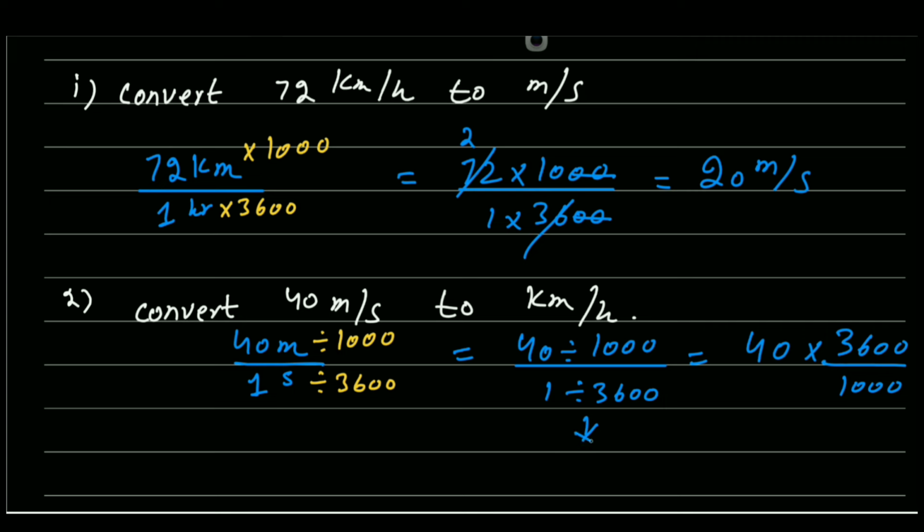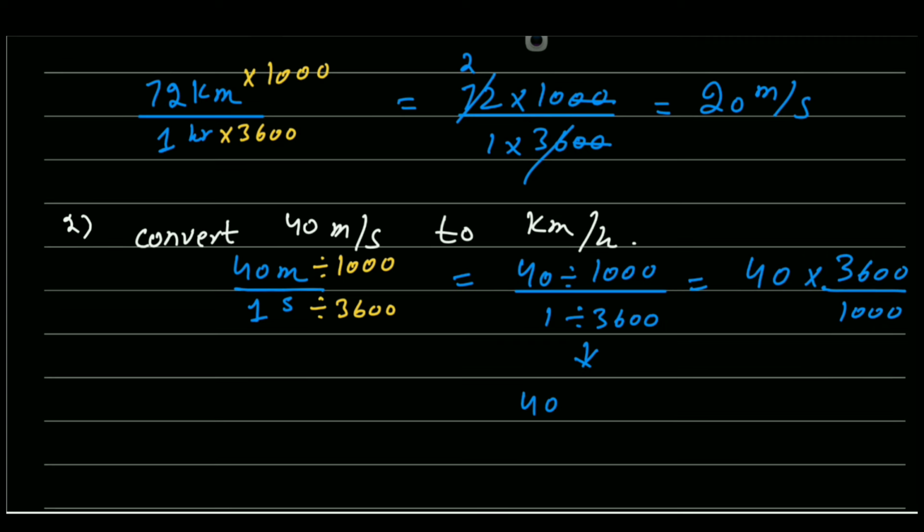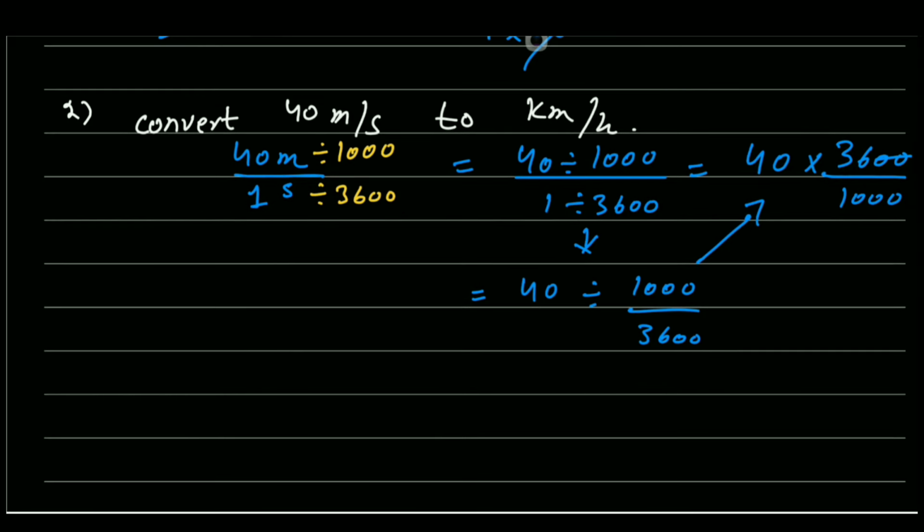So 40 multiplied by 3600 over 1000. Now you can simplify: 0 and 0 will be cancelled, and 36 times 4 gives 144 kilometer per hour. So this is the way how you will convert it. Now 40 meter per second is converted into kilometer per hour.